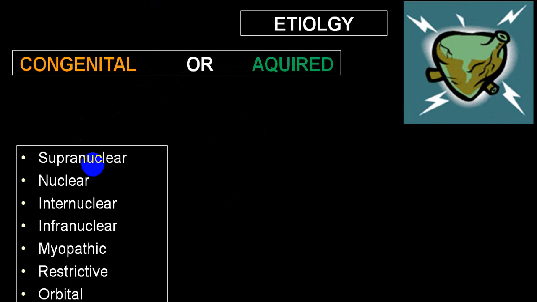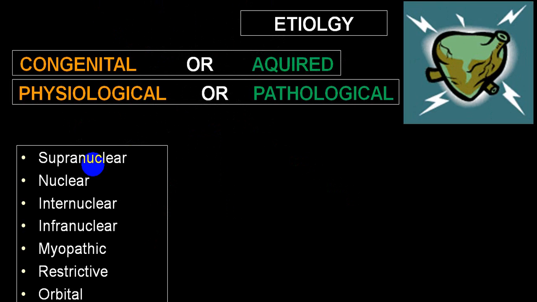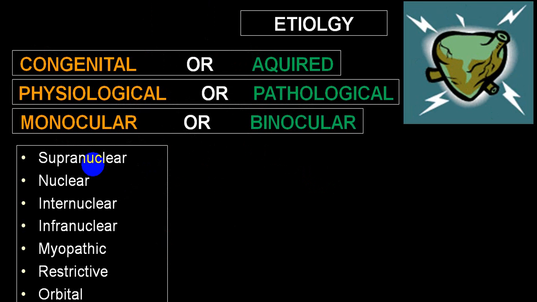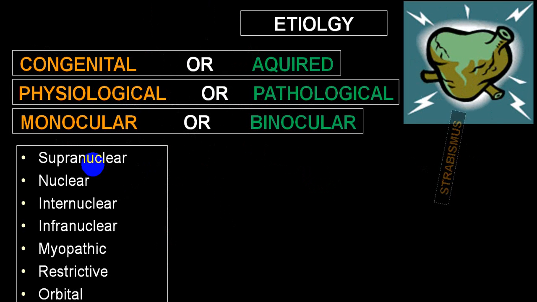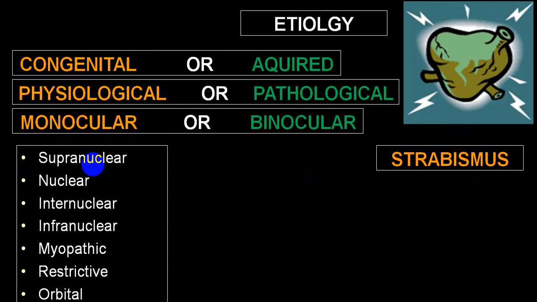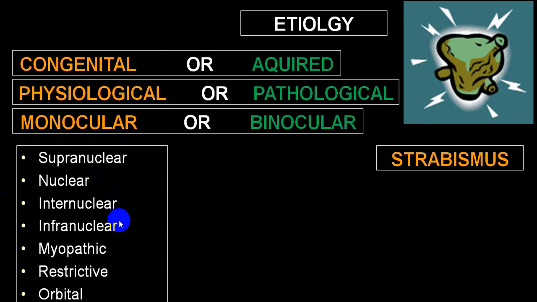We already mentioned congenital or acquired, physiological or pathological, monocular or binocular. Most common cause is because of the strabismus, which is very frequently because of any one of these causes. Supranuclear, nuclear, internuclear, infranuclear, any one of these causes can produce strabismus.